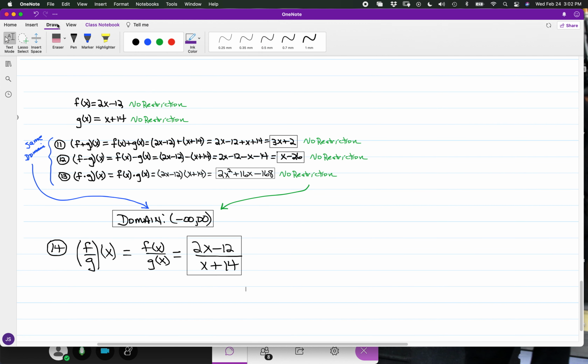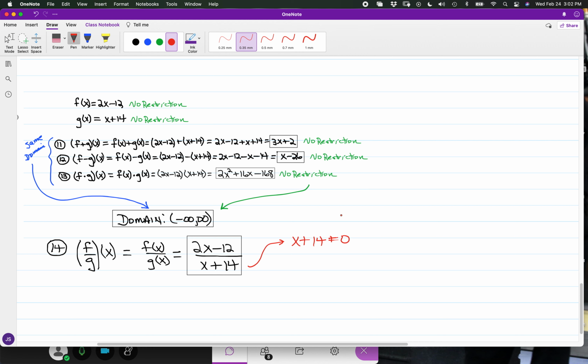And now f of x and g of x, individually, neither one has a restriction, but for the quotient function, we have g of x situated on the bottom. So we have not just g of x, but the reciprocal of g of x. So we have a restriction that is imposed, because now g of x is not allowed to be equal to 0 because of where g of x is placed.